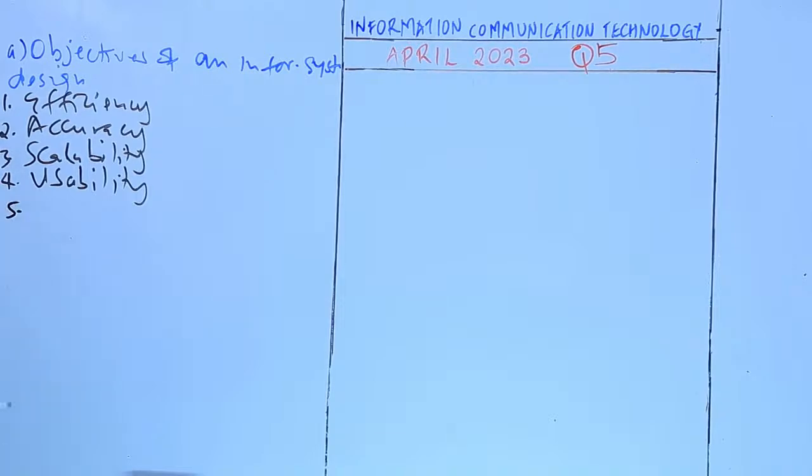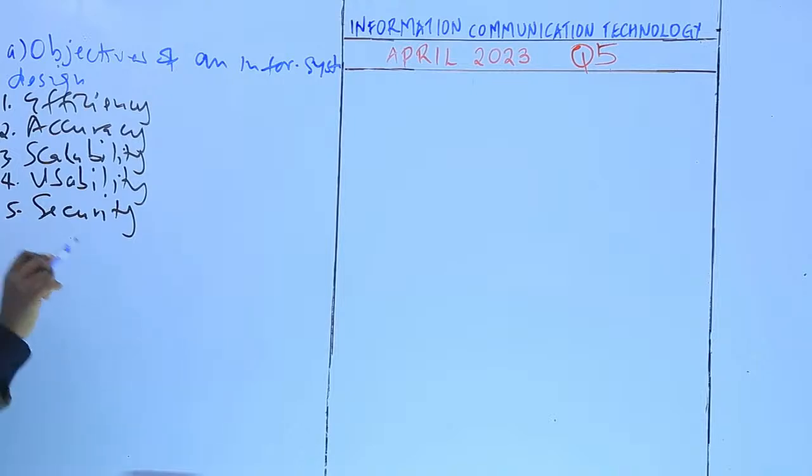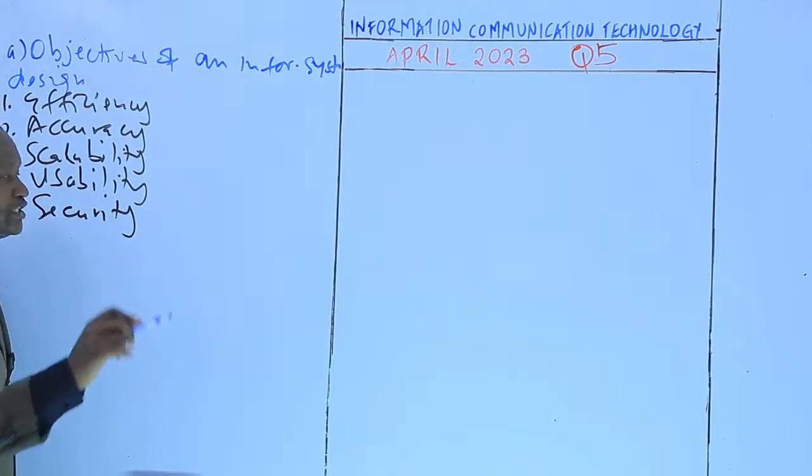Then lastly, security. The design should incorporate security measures to protect confidentiality, integrity, and availability of information system, and that includes implementing access controls, encryption, and authentication mechanisms, and also monitoring tools to detect and prevent unauthorized access or data breaches.